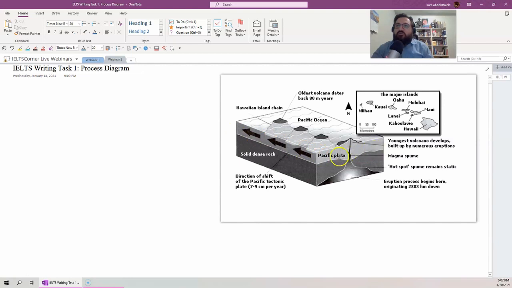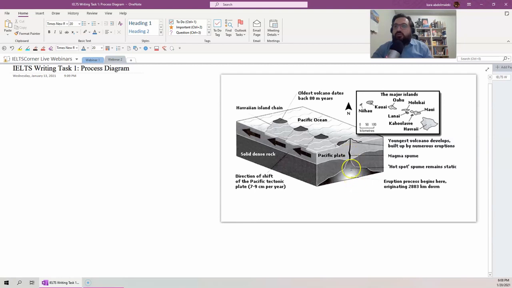So these are the newer ones, and we see that here this section is called the Pacific Plate, like this layer, and then the layer under it is called solid dense rock, right? And there's a very, very slow movement here of 7 to 9 centimeters per year. And the volcano is under here.